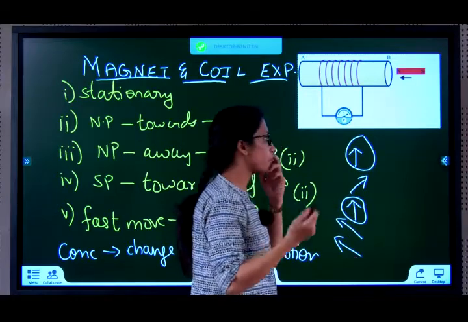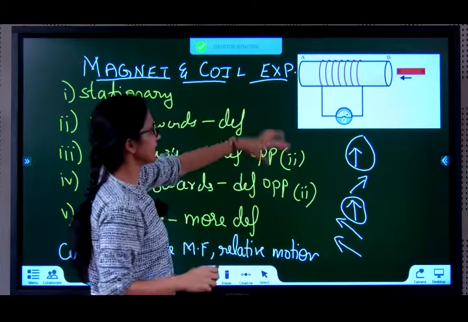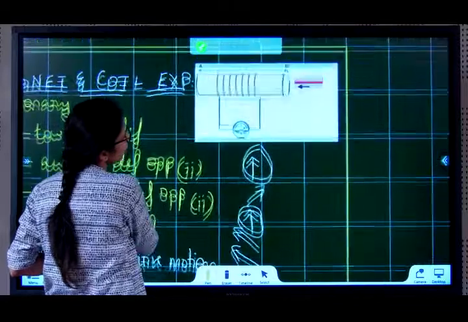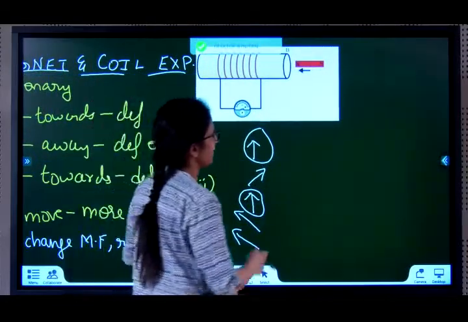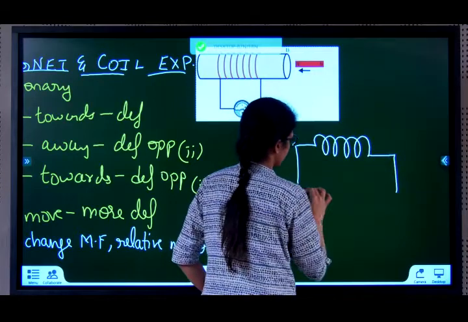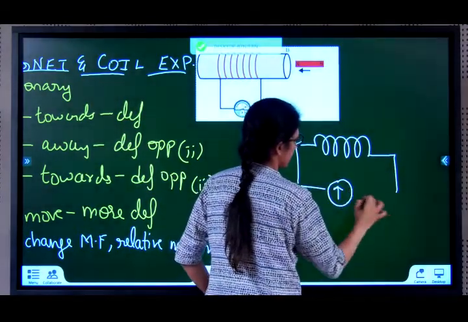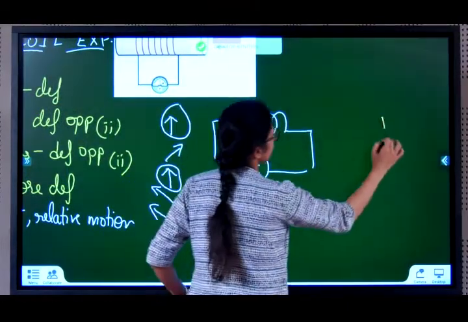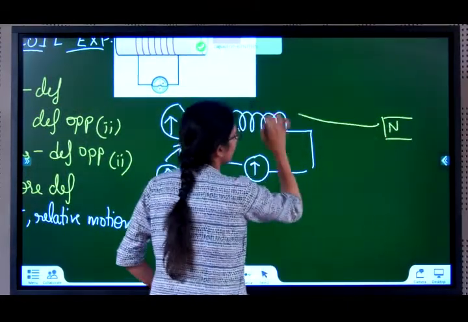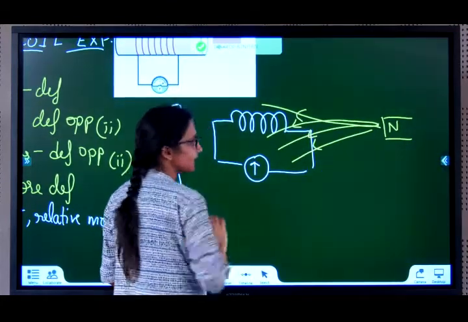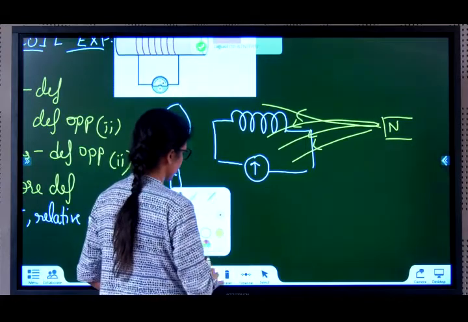So, basically what is happening? Those points that I just stated about the deflection are what is written here in the observation. So, what is basically happening? See, if this is the coil, and we have a magnet here, there is magnetic field linking with the coil, right?